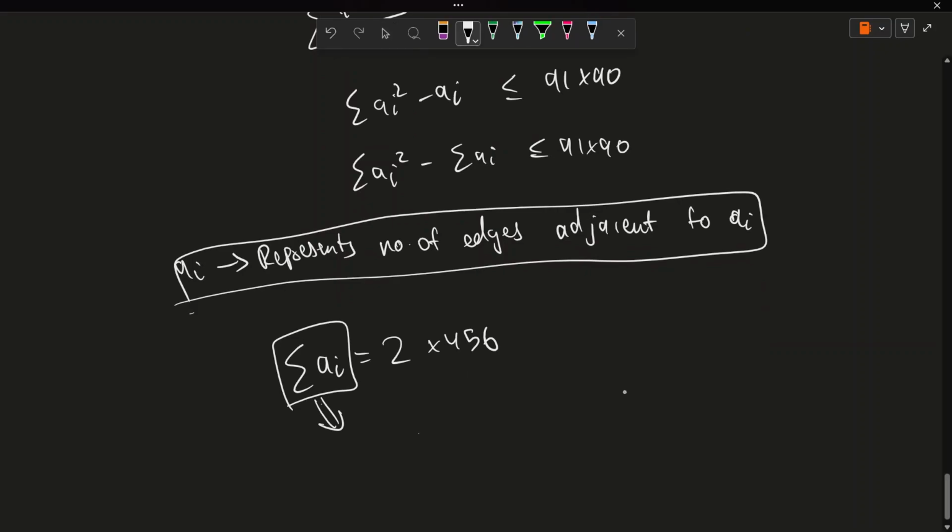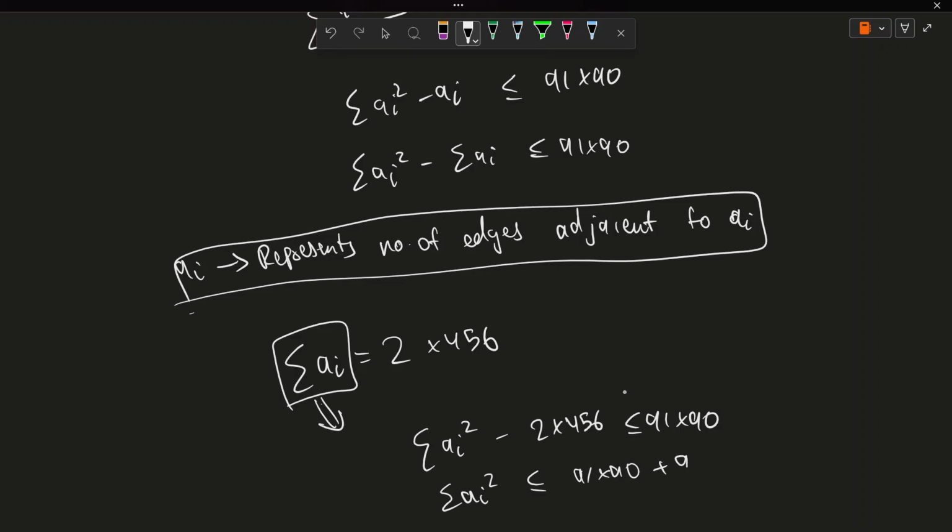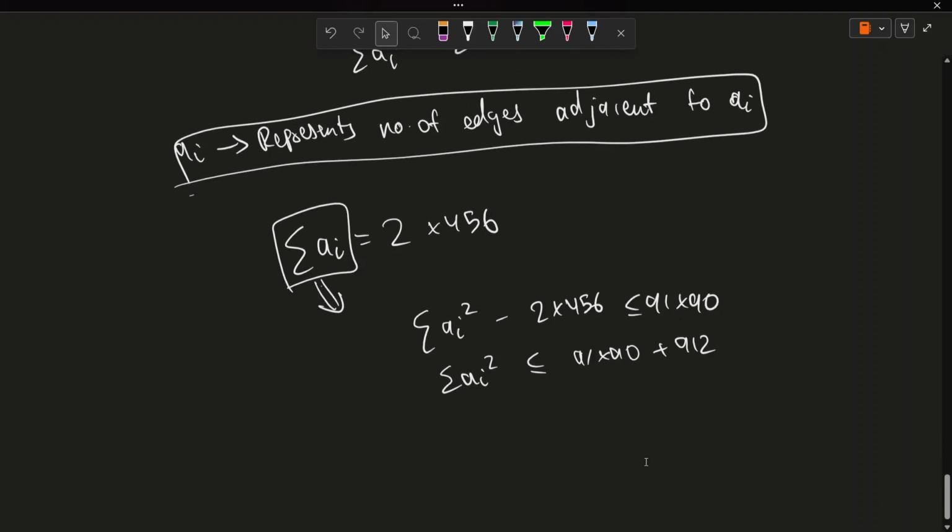So what we get is summation of ai square minus 2 into 456 is less than or equal to 91 into 90. So summation of ai square is less than or equal to 91 into 90 plus 912.